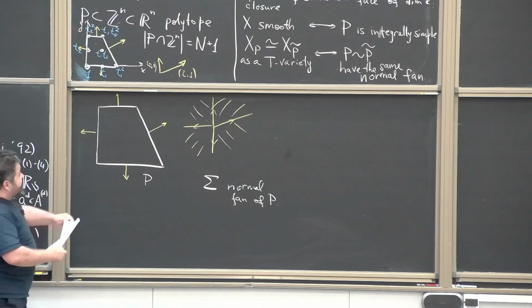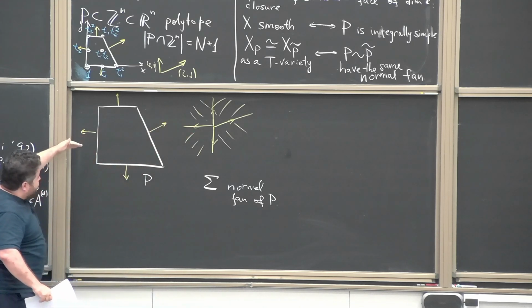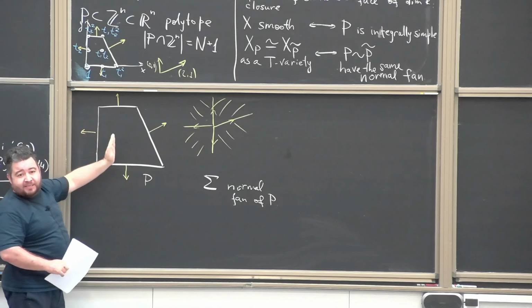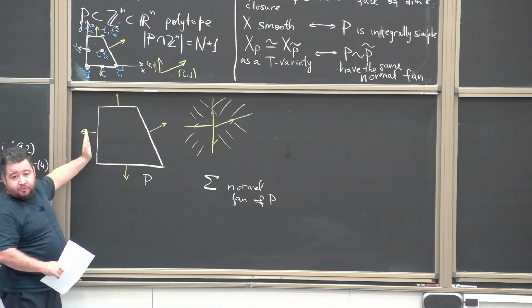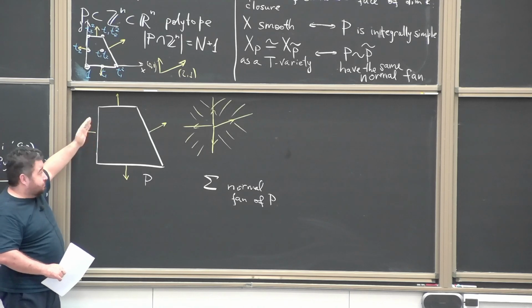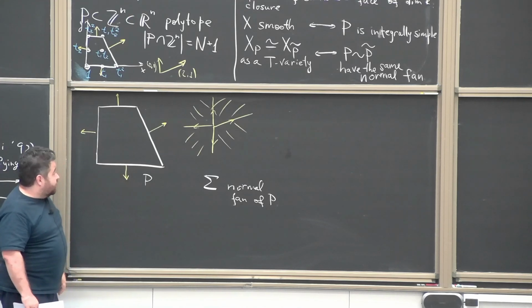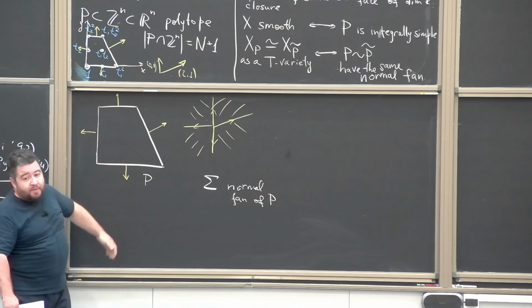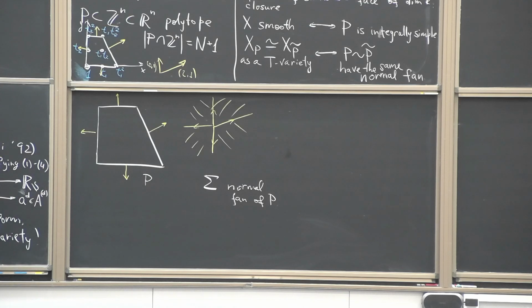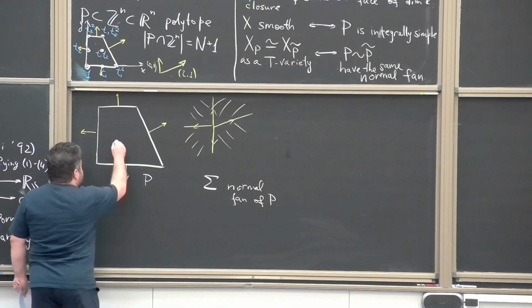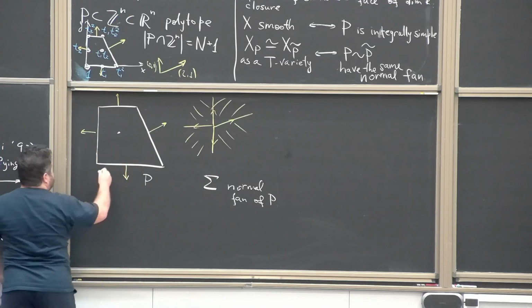So this says that I get the same variety if the geometry of my polytope is the same. I can move the faces around parallel to themselves without changing the combinatorial structure of this polytope, and I'll get the same embedding. Given a fan, how do I construct a polytope? I need to specify the so-called support numbers.